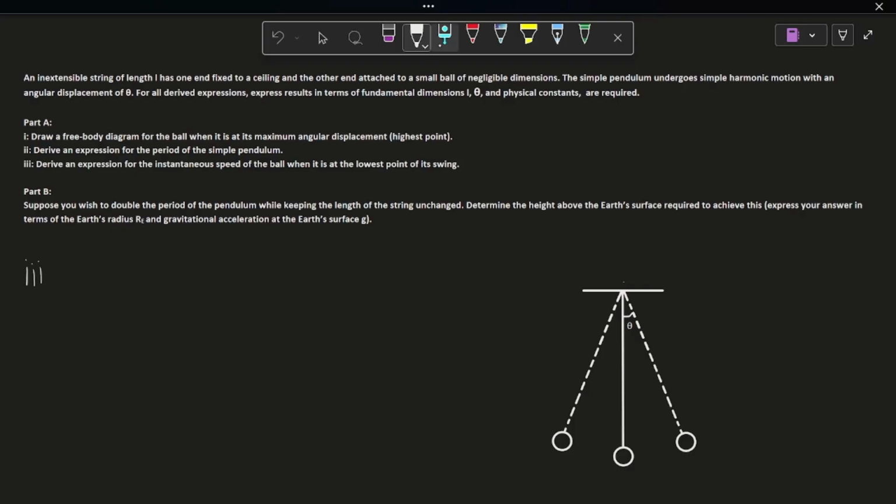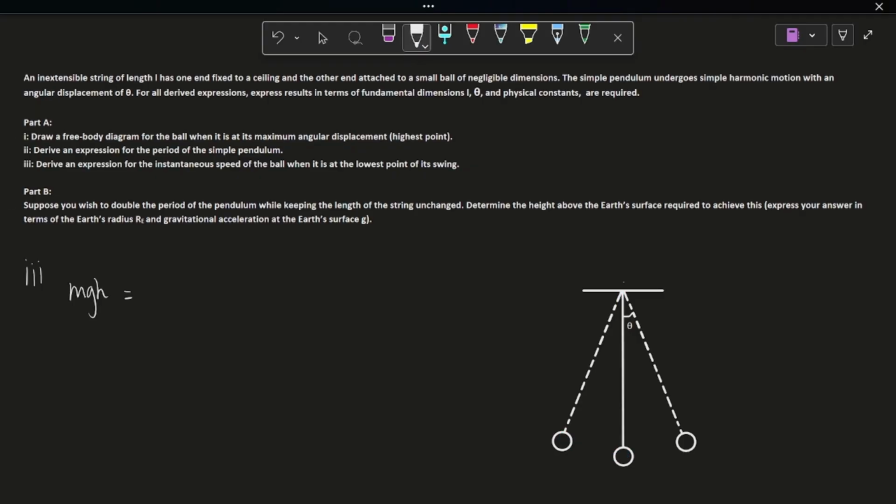So at its highest point, it is mgh, and it is not moving because it goes up, stops right there, and then goes down, speeding up.